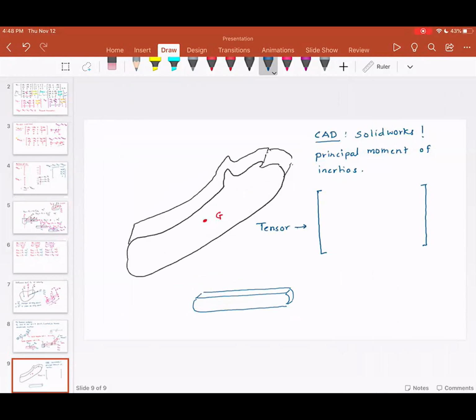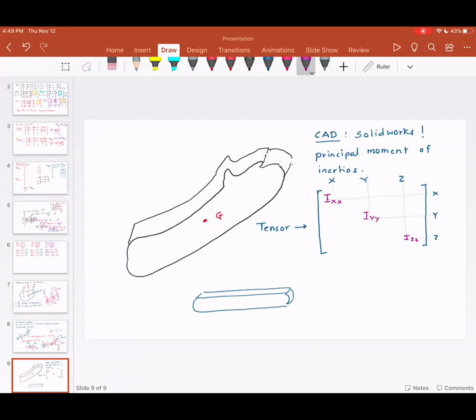And it has 9 elements. So you have x, y, z, x, y, z. This may sound a little complicated, but it is really not. So consider that you have your Ixx, Iyy, and Izz.